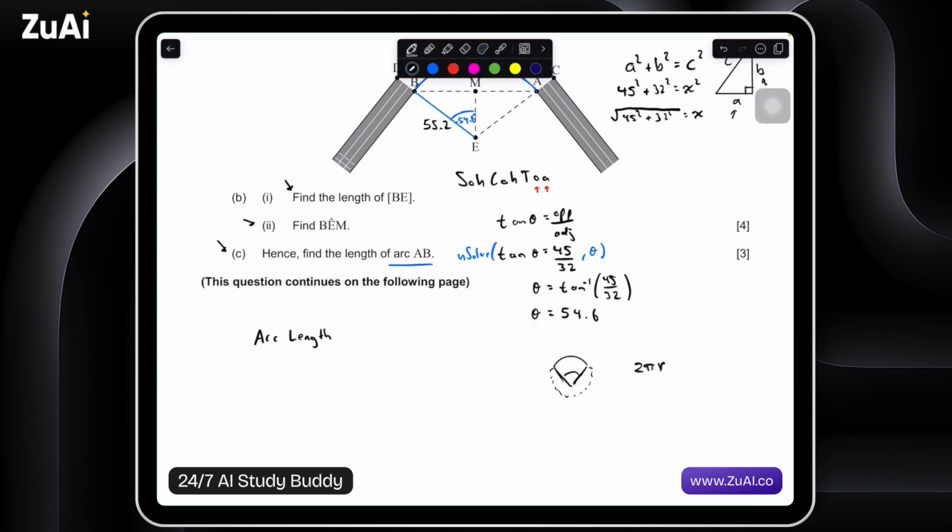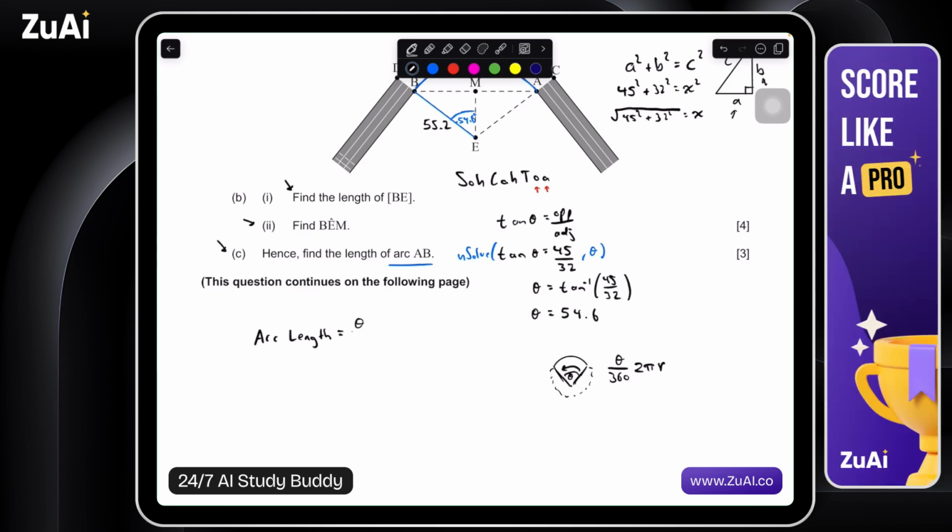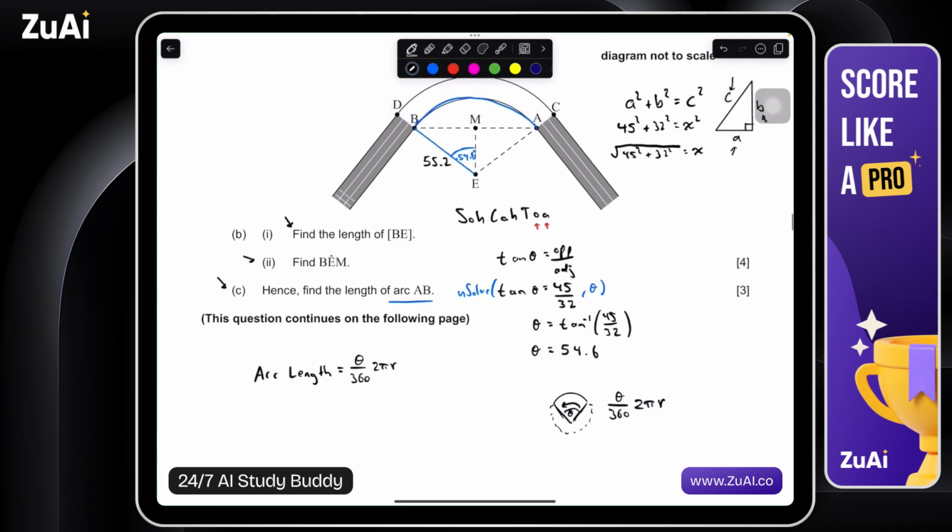We know a full rotation is 360 degrees. So for the arc length, we only have a portion, theta over 360. We've only swept through a portion of that 360 degrees. So arc length is theta over 360 times the circumference, but we don't have a full rotation, we have a partial rotation.